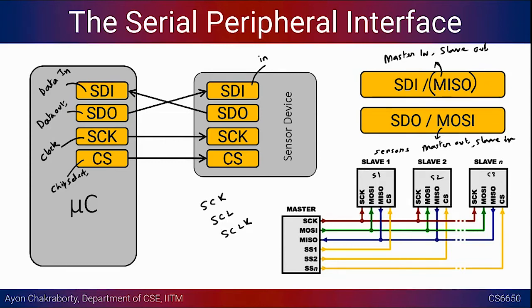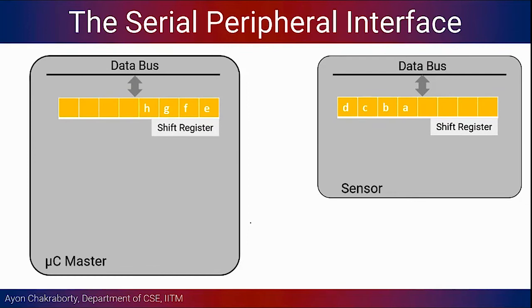Okay. So these are the divisions inside the interface that we have for the SPI bus, and we basically have two shift registers, right, in the sensor and the microcontroller. On the left hand side we have the microcontroller as the master device, whereas the sensor is on the right hand side, and we have two shift registers that store the data, and we'll see how the data is transferred.